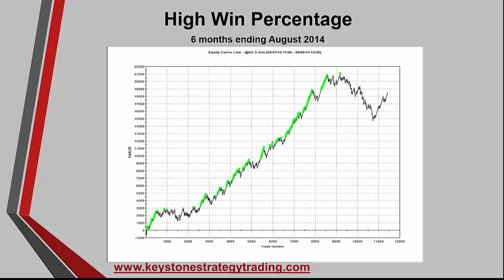But as you can see, by giving this strategy some unseen data, we've revealed how fragile and how risky this strategy actually is. So be very, very careful when you're evaluating a strategy, whether it's your strategy or somebody else's strategy, and they produce results that say that it's a high winning percentage strategy.